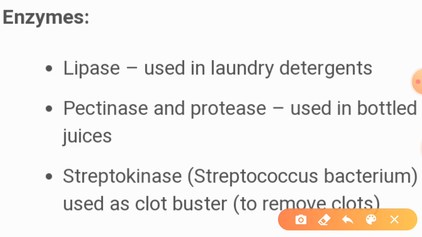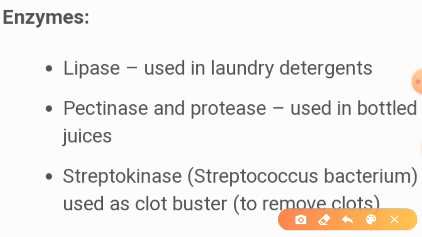Because it can be used in detergent formulations. This lipase enzyme is helpful to remove oil stains from laundry. Generally, whenever there are oily patches on our clothes, they can be removed only with the help of this lipase enzyme.